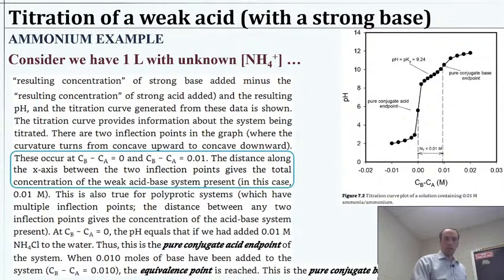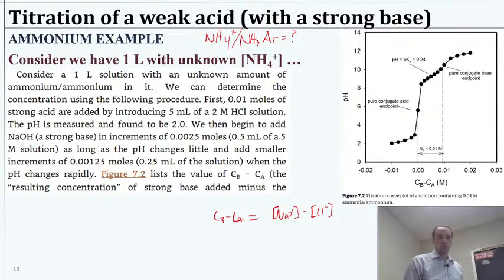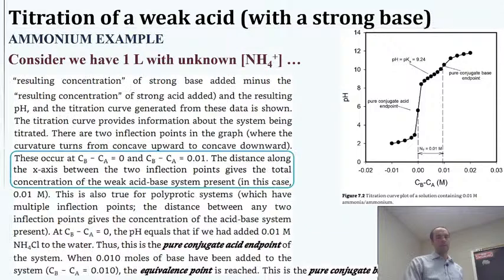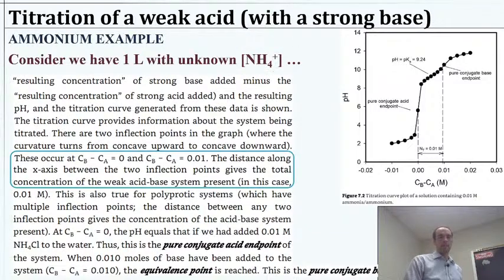All right, so figure 7.2 here lists the value of Cb minus Ca, the resulting concentration of strong base added minus the resulting concentration of strong acid added. We had already added the acid, so now we're just adding that strong base. The resulting pH is also shown, and a titration curve generated from these data is shown.